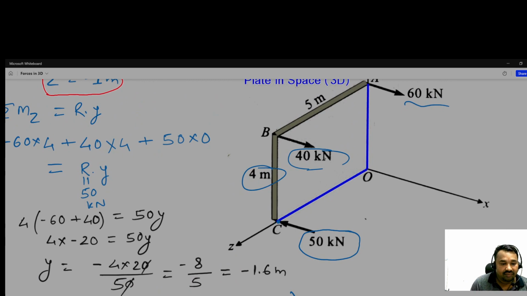The R is positive kilonewton, so R acts somewhere, all this in meters. From y, if you extend this, this is the minus y axis, so it is somewhere like this distance from here.